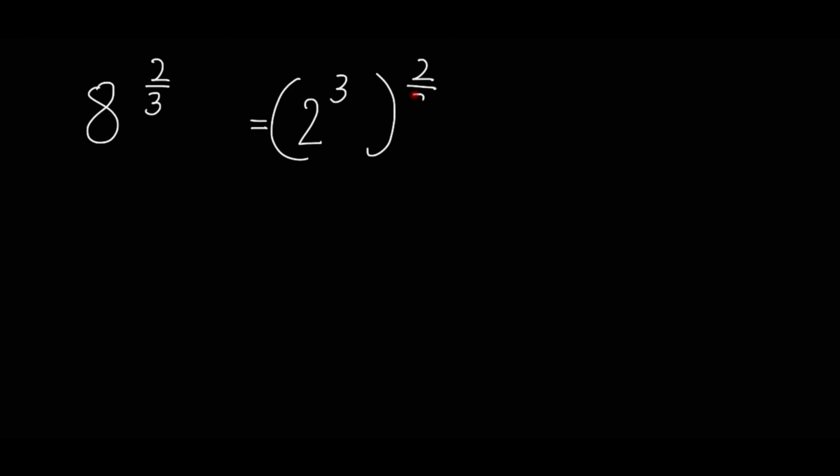What if you simplify this number, 8 to the power 2 over 3? You change 8 into its prime factors, which is 2 cubed, so 2 to the power 3. From there we apply the laws of exponents, where 3 times 2 over 3 gives 2 to the power 6 over 3.